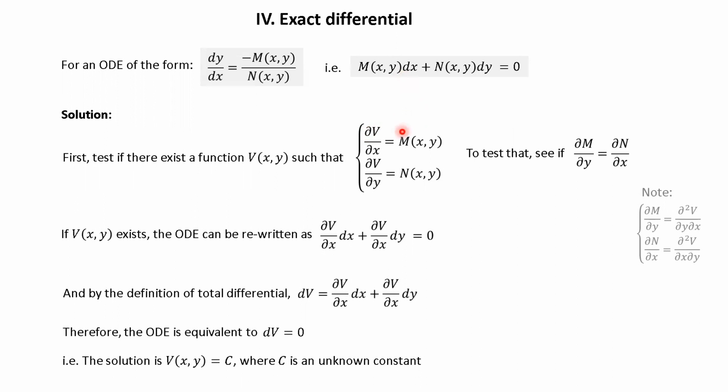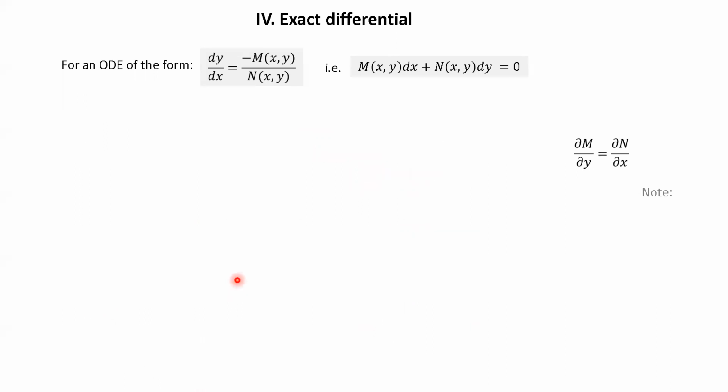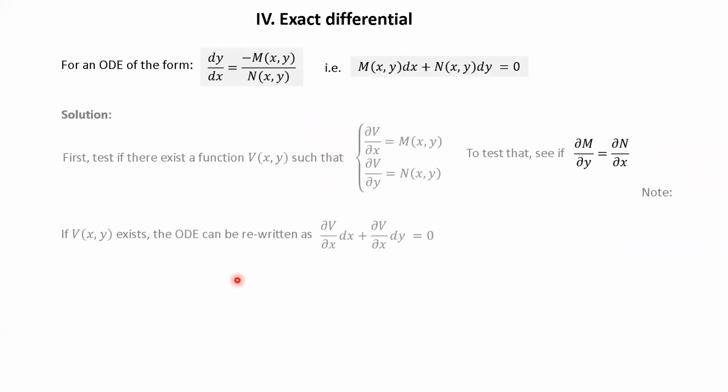Because you realize that if this M is indeed referring to the partial derivative with respect to X, and this N is referring to the partial derivative with respect to Y, then the solution to this ODE is this V function equals C. Basically, what I'm putting here is essentially what I just mentioned in this slide.